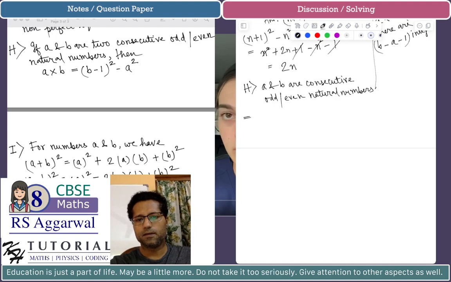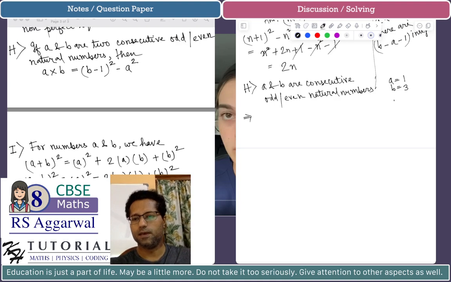this will imply that, for example, if a is an odd integer like 1, then b has to be the next consecutive odd integer, which is 3.